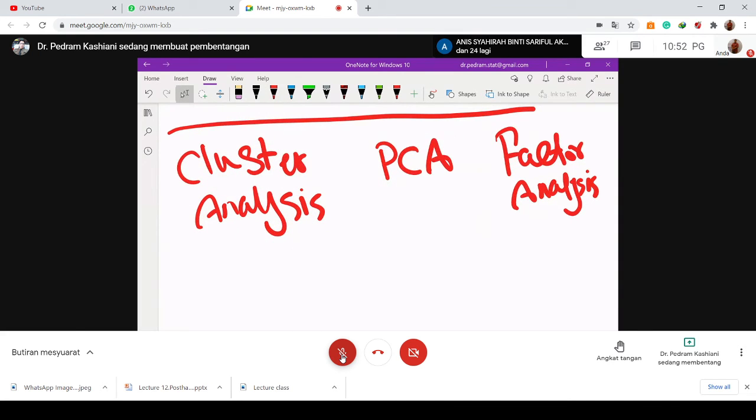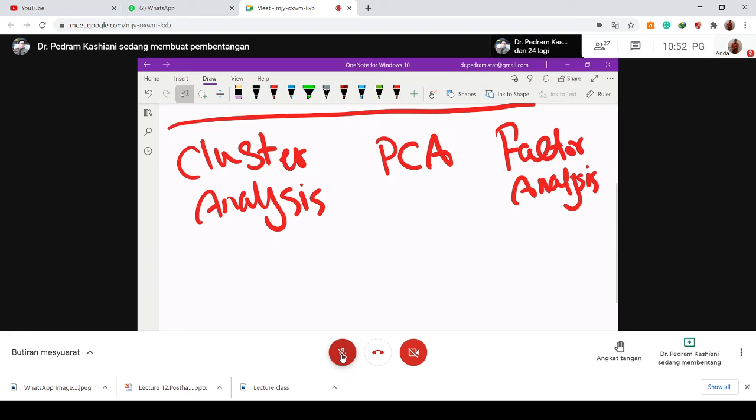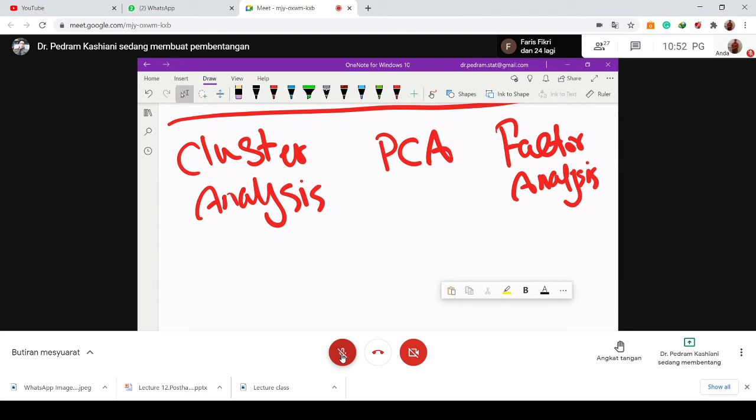Okay, cluster analysis, factor analysis, and PCA are very similar. We do these when you want to group your individuals into different groups based on their characteristics.